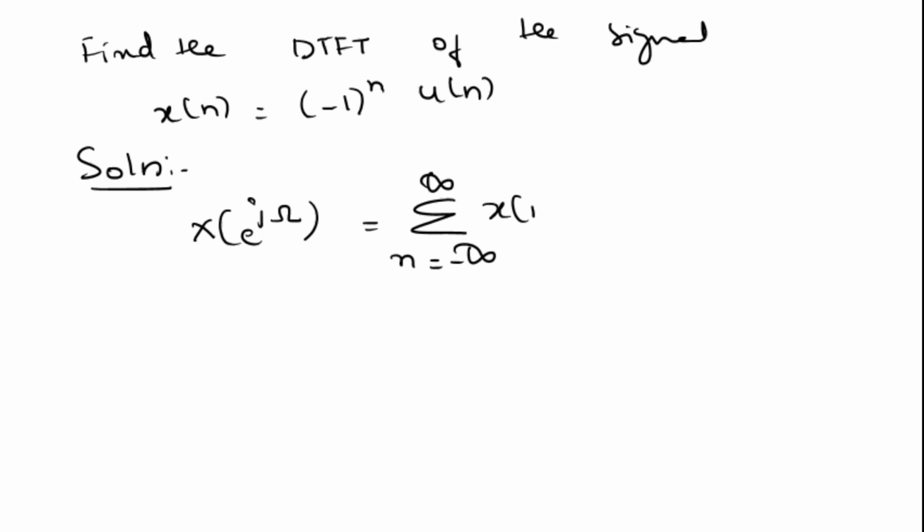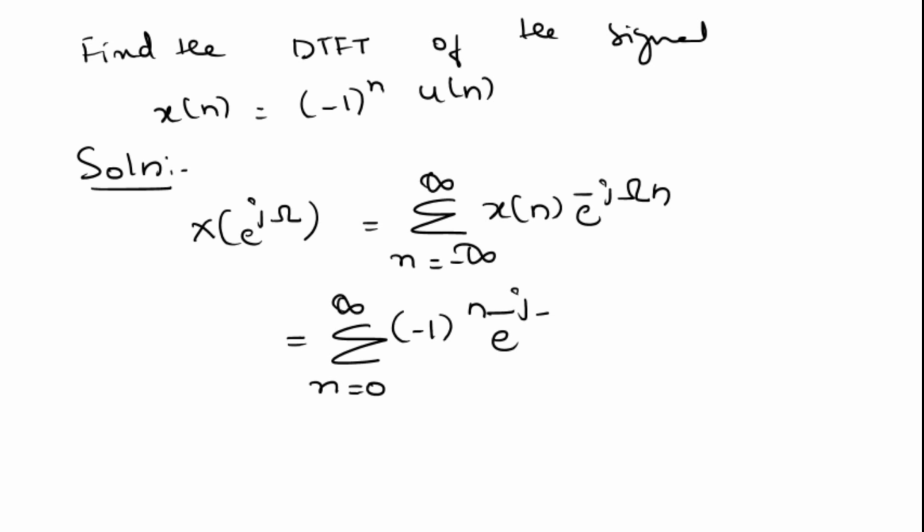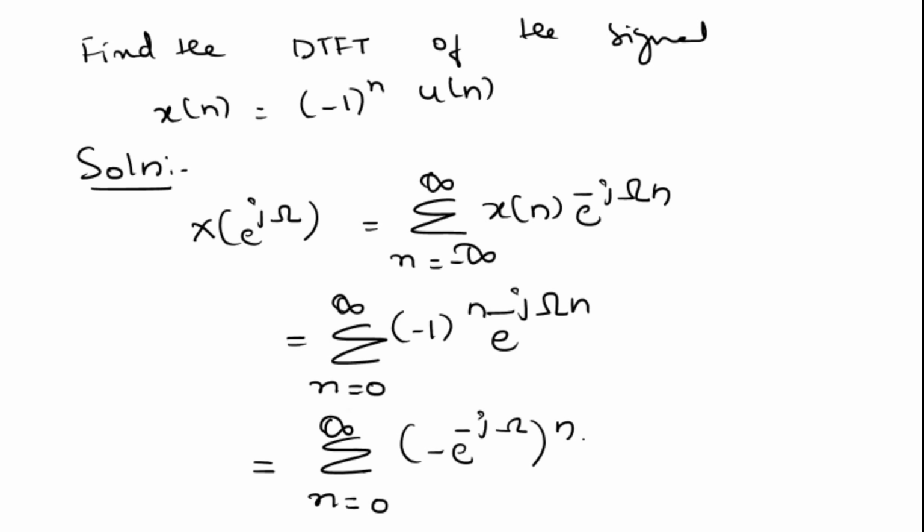infinity x of n into e power minus j omega n, which is equal to summation n is equal to 0 to infinity minus 1 to the power n into e power minus j omega n, which is equal to summation n is equal to 0 to infinity minus e power minus j omega into n, which is equal to 1 divided by 1 plus e power minus j omega.